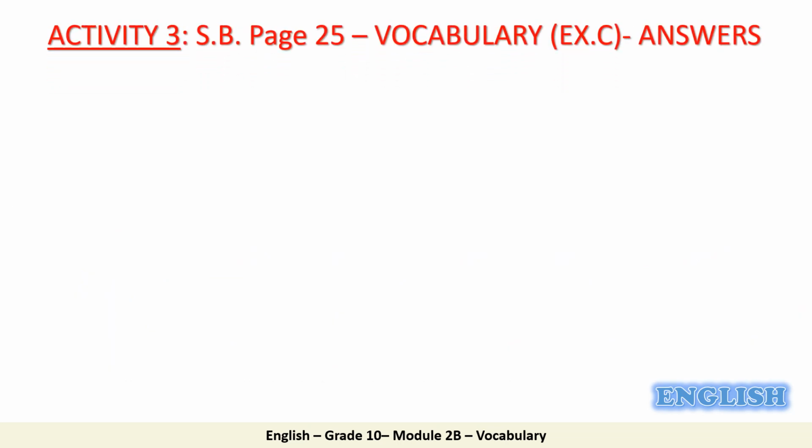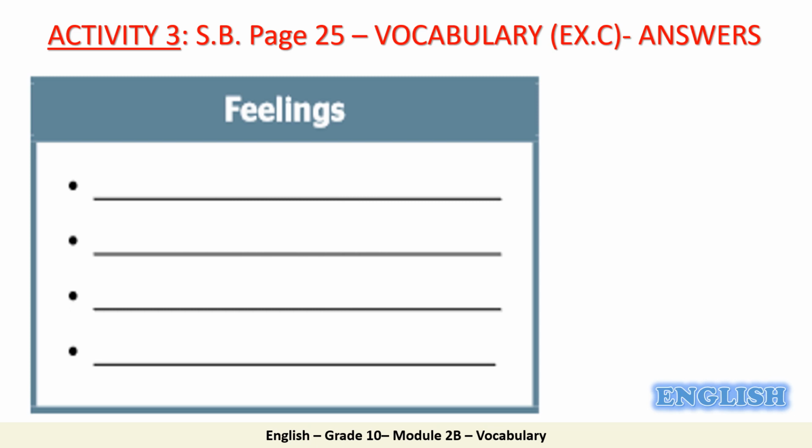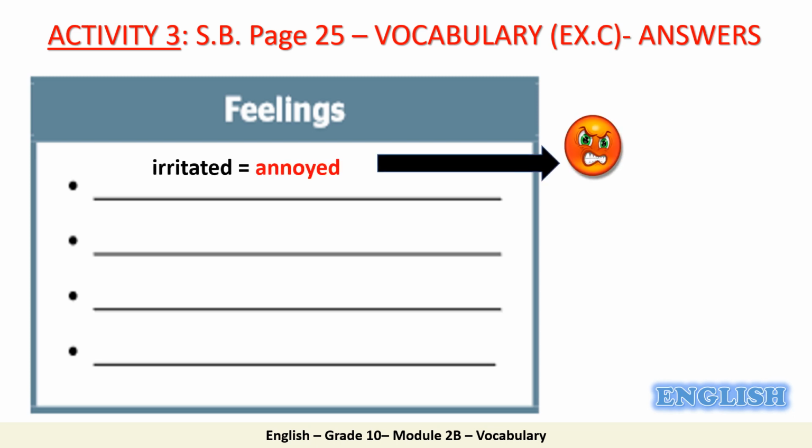Let's check the answers of Activity 3 Students Book, page 25, Vocabulary section, exercise C together. We are going to start with the first category, which is the feelings, and we have 4 adjectives over here. Number 1, irritated, which means annoyed.